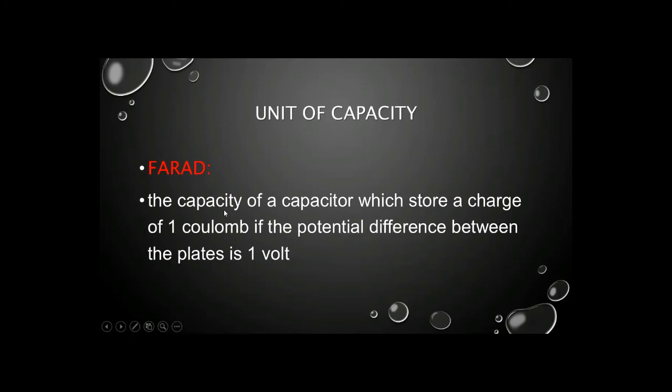Okay, I repeat, the capacity of a capacitor which stores the charge of 1 coulomb if the potential difference between the plates is 1 volt, means if 1 coulomb of charge is placed on the plates of the capacitor, and the potential difference between them is 1 volt, we can say that it is equal to 1 farad. Okay, so farad is the unit of capacity, and farad can be defined as the capacity of a capacitor which stores a charge of 1 coulomb if the potential difference between the plates is 1 volt.